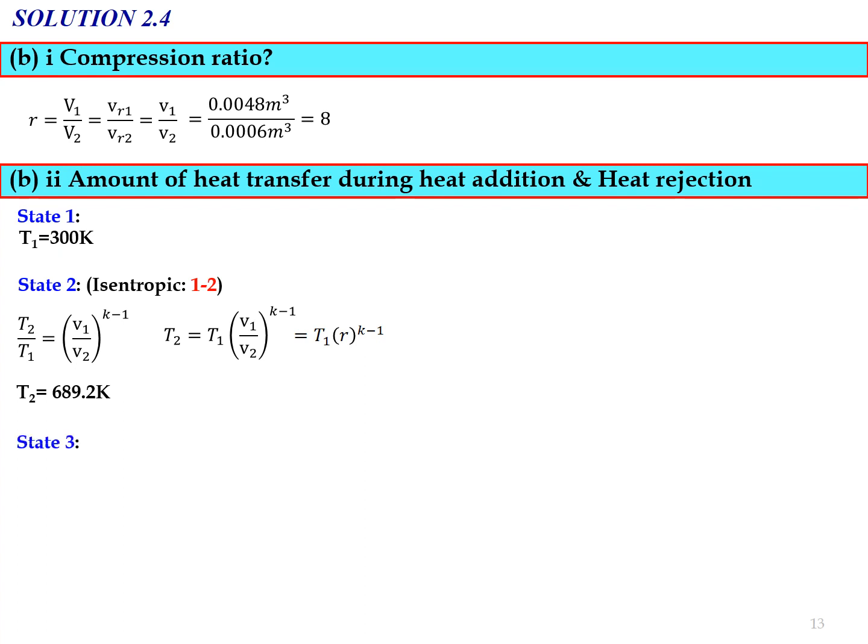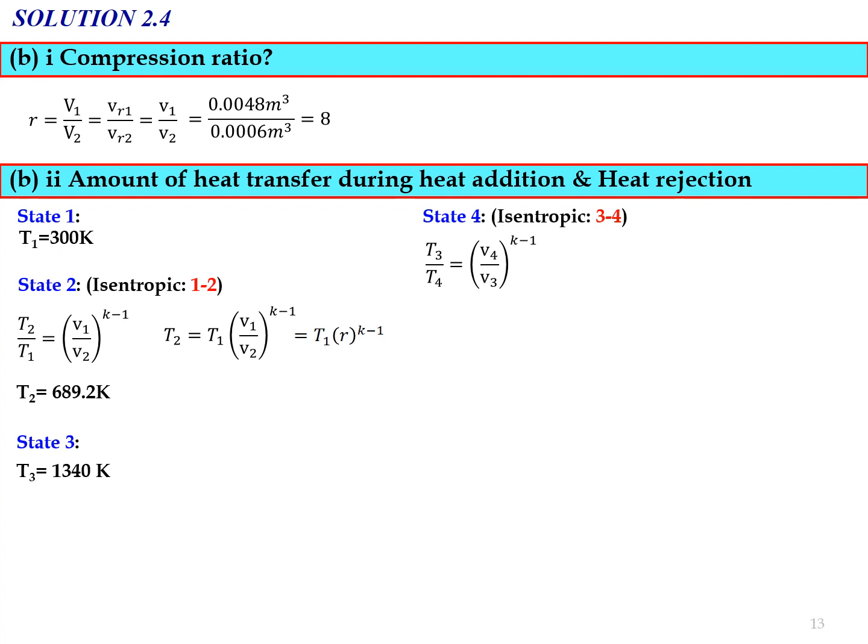Okay, so now for state number 3. For state number 3, the temperature T3 is also already given in the question, which is equal to 1340 Kelvin. And state number 4 will involve the isentropic process, for the process involving state number 3 and state number 4. So we can use the equation for isentropic process for the cold air standard assumption.